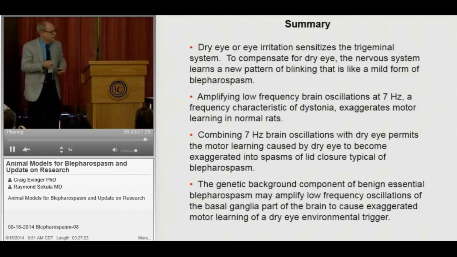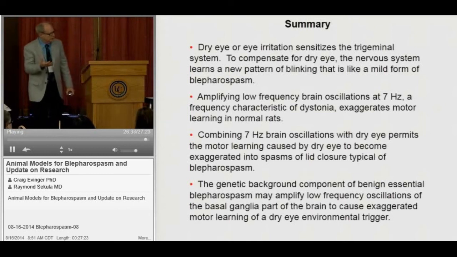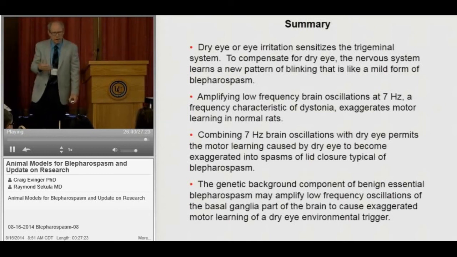And we think that this genetic background may be what causes the exaggerated motor learning of dry eye, which we consider the environmental trigger.